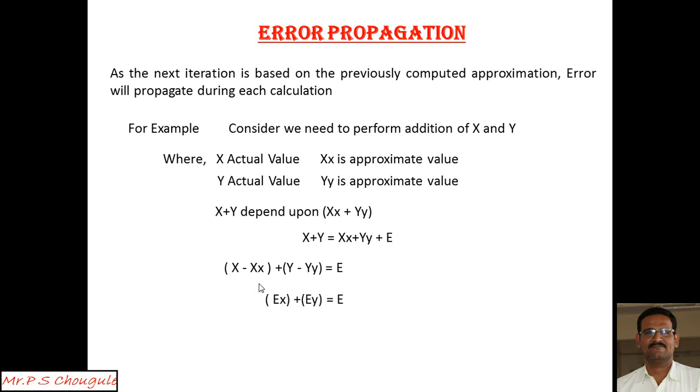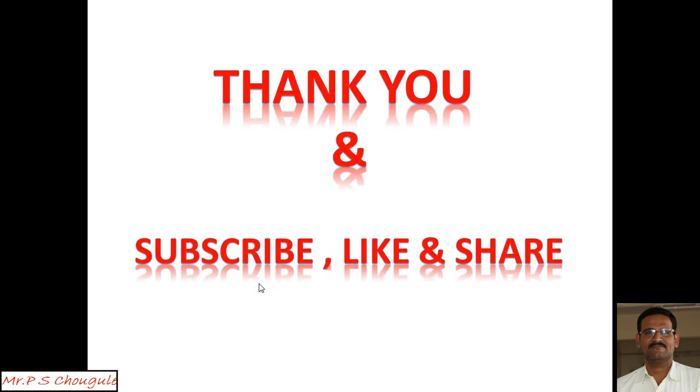So ex plus ey is equal to e. Likewise, if I consider x plus y is equal to z, then z will depend upon this error, and this error will further propagate somewhere else. So this we call error propagation.